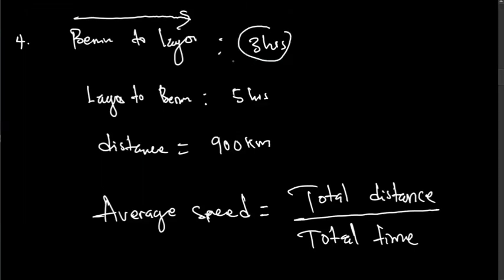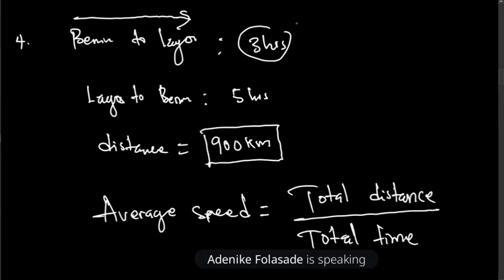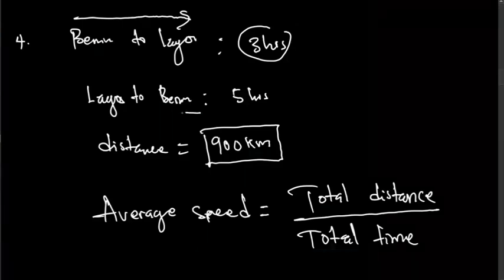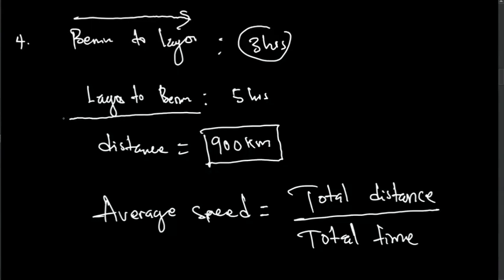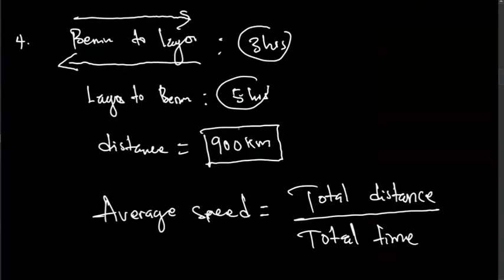It took us 3 hours, but what's the distance we traveled? 900 kilometers going. Now we came back. Coming back from Lagos to Benin, we spent 5 hours, and we traveled another 900 kilometers.